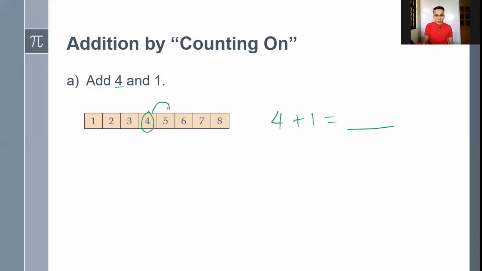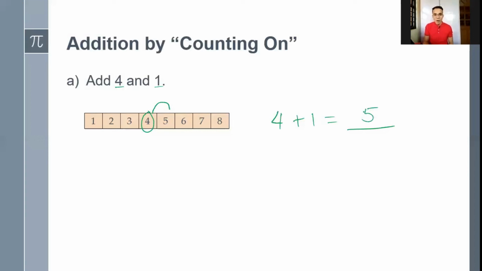Move 1 to the right because it says here 1. Look at this number tape. We landed on what number? We landed on 5. So 4 plus 1 is 5.